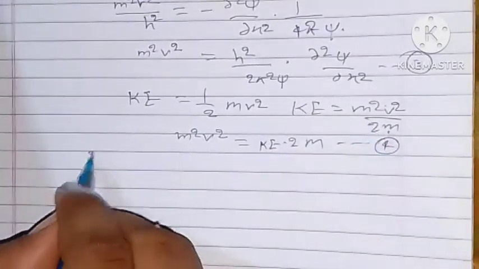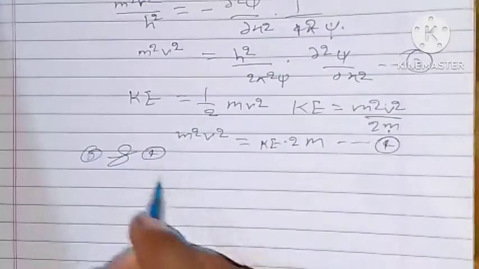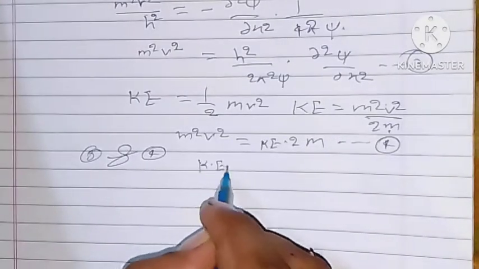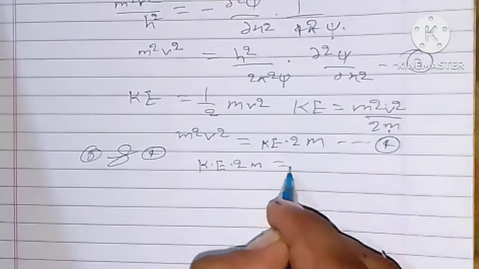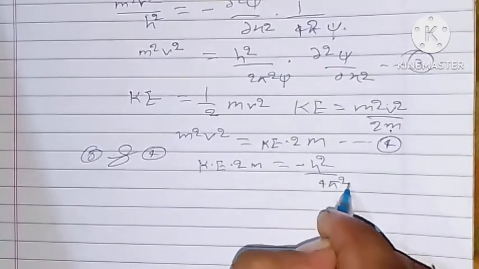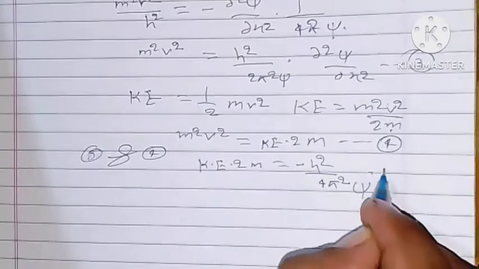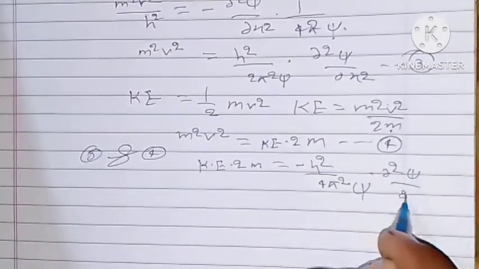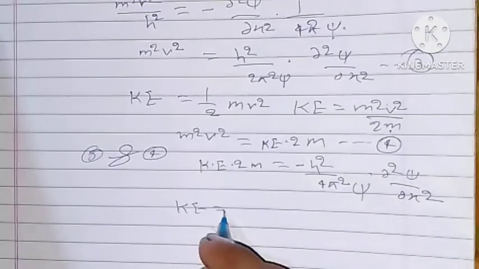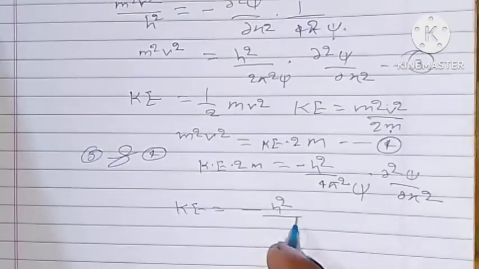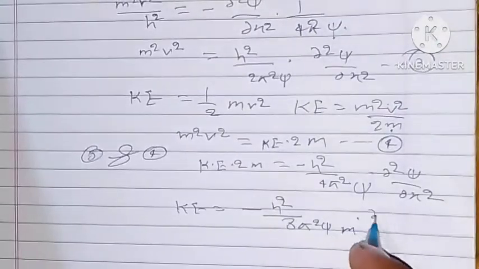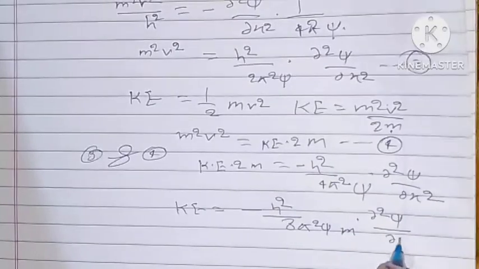From equations 3 and 4, KE into 2m equals minus h square upon 4 pi square psi into del square psi upon del x square. Then KE equals minus h square upon 8 pi square m psi into del square psi upon del x square.